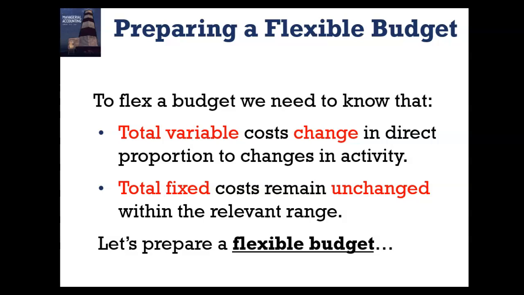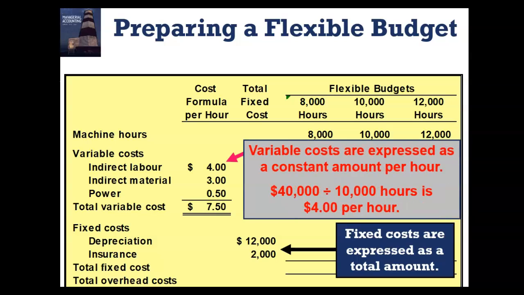To prepare a flexible budget, we need to consider what we know about variable costs and fixed costs. We know that total variable costs change in direct proportion to changes in activity, and we know that total fixed costs remain unchanged within the relevant range. So we have to go back to the basics. It's important when we're preparing a flexible budget that we know our variable costs per unit, or in this case, per hour.